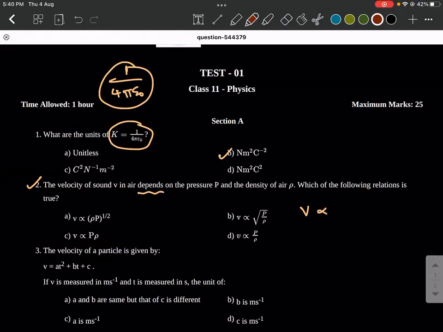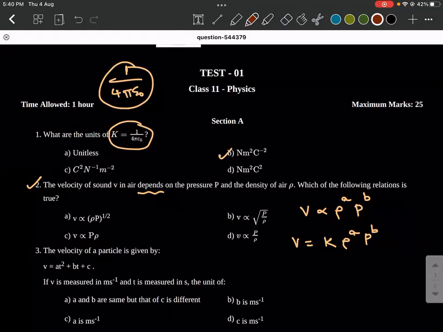So velocity is directly proportional to density to the power A, pressure to the power B. It depends on density, but we don't know how many times, so it is raised to the power A, and it depends on pressure, we don't know how many times, so it is raised to the power B. So V will be equal to K times rho power A into P power B, where K is a constant.